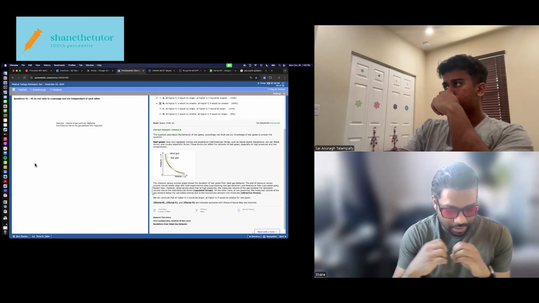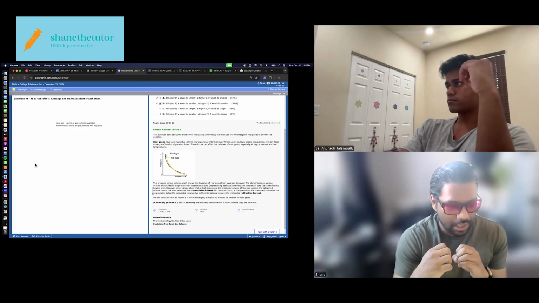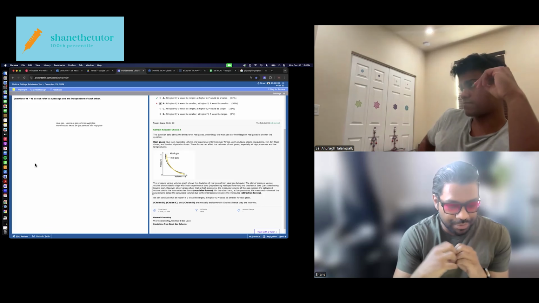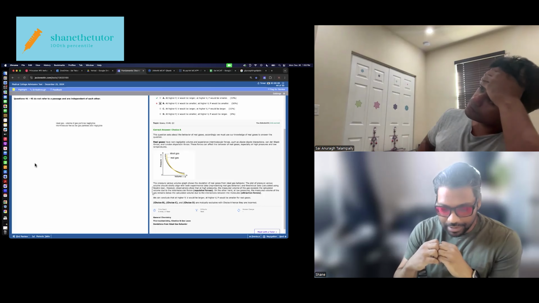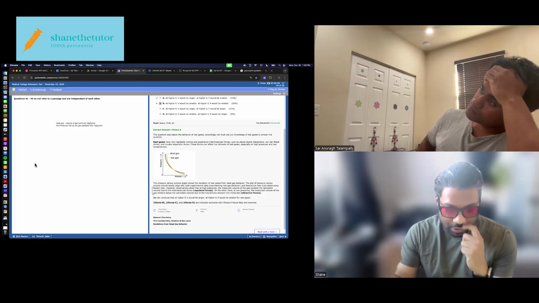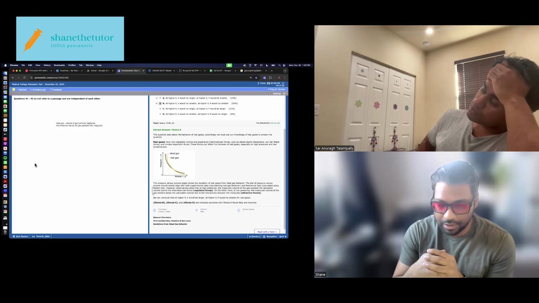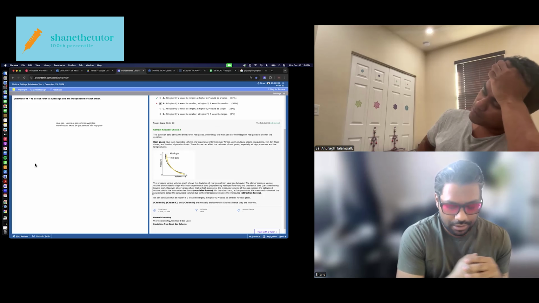And if they attract one another, there will be more collisions between the molecules rather than collisions between the molecules and the walls of the container.